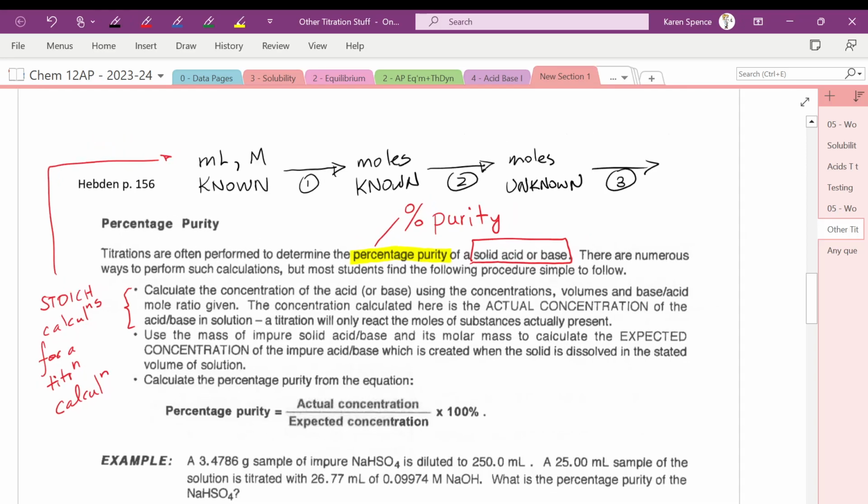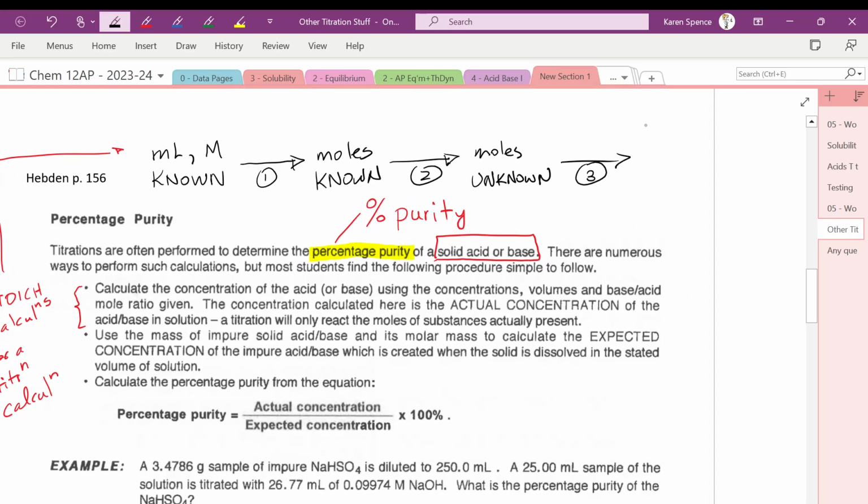I just don't know. Anyway, you're going to find either grams or molarity or whatever it's asked for. Now, Hebden wants us to use the mass of the impure solid to calculate the expected concentration.